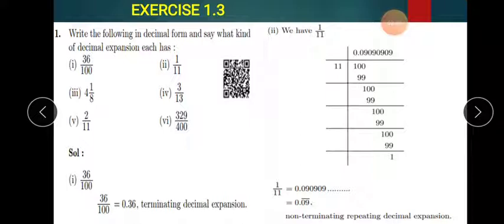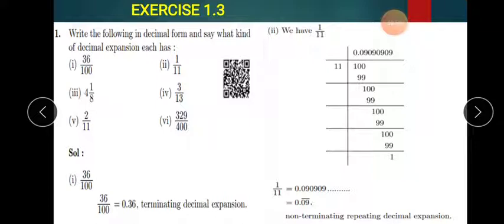So the digits which keep on repeating, we can put a bar, a line, upon the two digits. So the answer will be 0.09 bar. 0.09 bar means 0.090909 and so on.